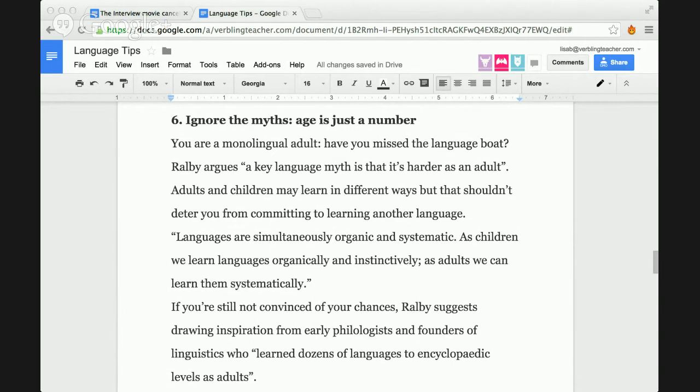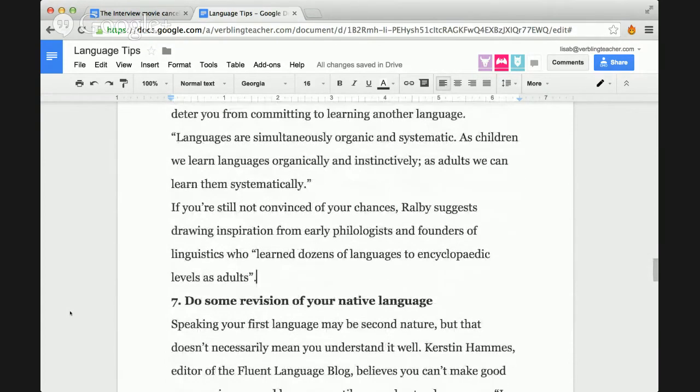Languages are simultaneously organic and systematic. As children, we learn languages organically and instinctively. As adults, we can learn them systematically. If you're still not convinced of your chances, Ralby suggests drawing inspiration from early philologists and founders of linguistics who learned thousands of languages to encyclopedic levels as adults.